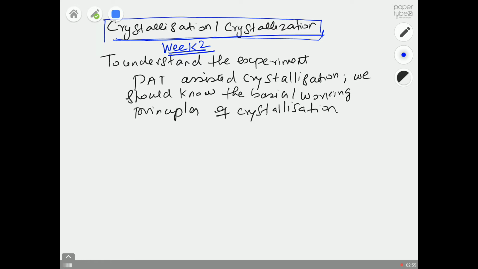It's not only about crystallization; the tableting process, for example, also uses PAT tools. PAT is not a fashion or a buzzword. Nowadays it's becoming an essential tool, and every industry is trying to find a way to integrate it with existing technology.